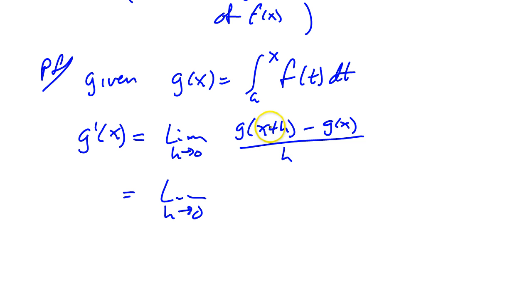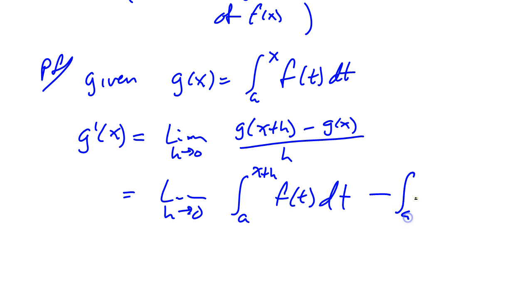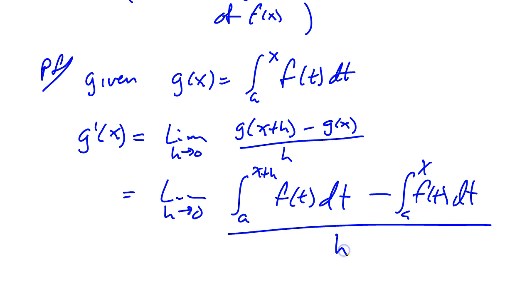G of x plus h, whatever you plug in for x, it goes up there. So this must be the integral from a to x plus h of f of t dt minus g of x, which is just the integral from a to x of f of t dt, all divided by h.